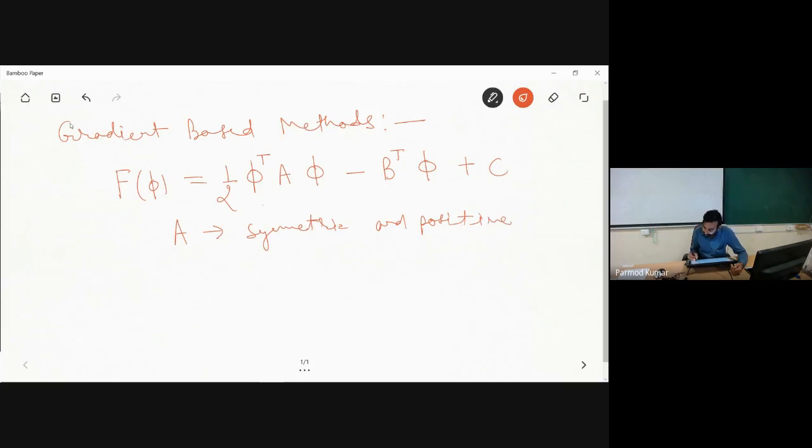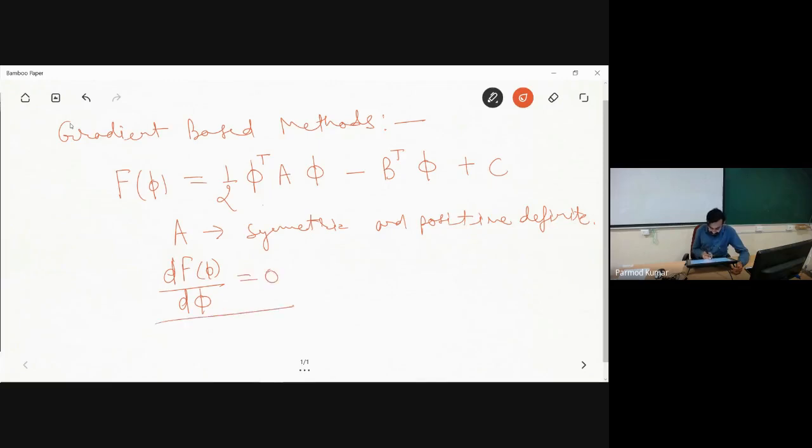After that, I told you that we will try to solve this function with the objective of minimizing it. If we have to minimize it, I can set df of phi divided by d phi equal to 0.